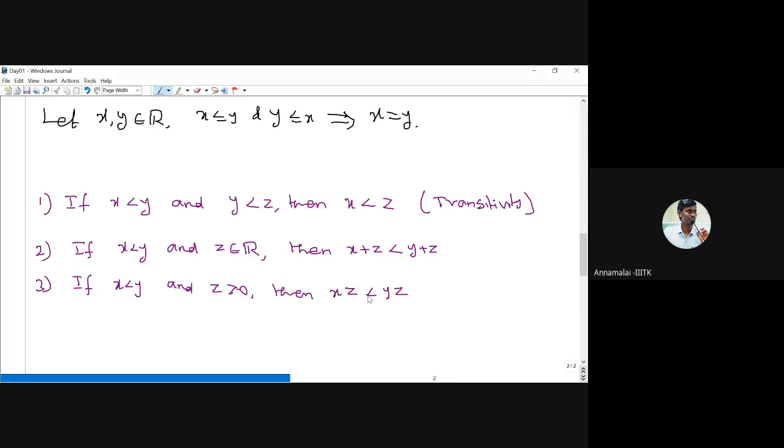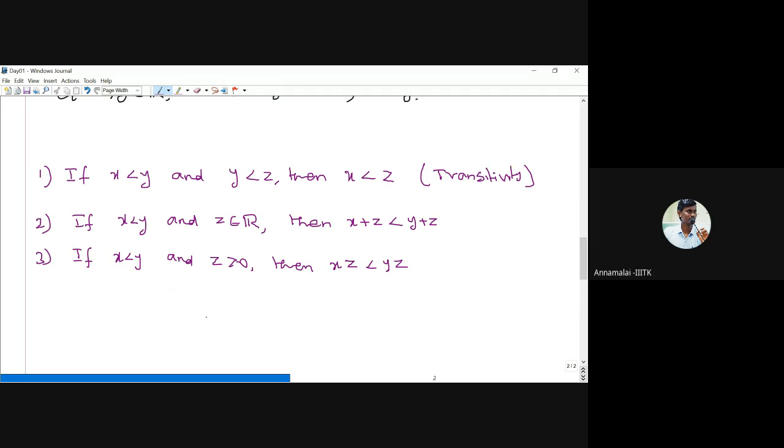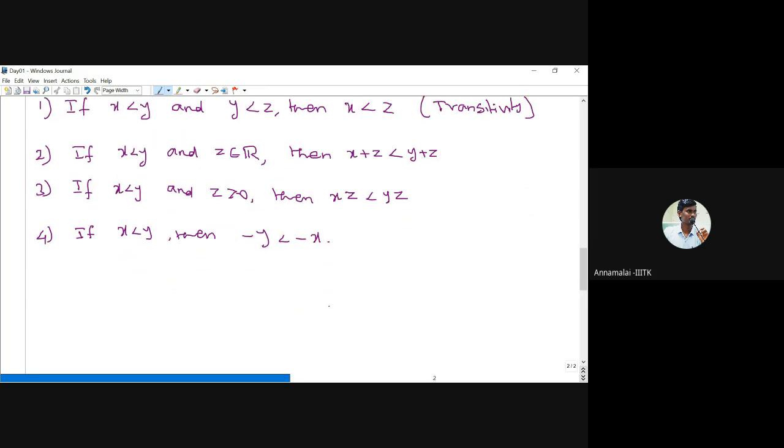If you multiply by a negative real number, the inequality will change. So the fourth property: if x is less than y, then negative y should be less than negative x. If you multiply both sides by -1, the inequality changes. This is another order property.